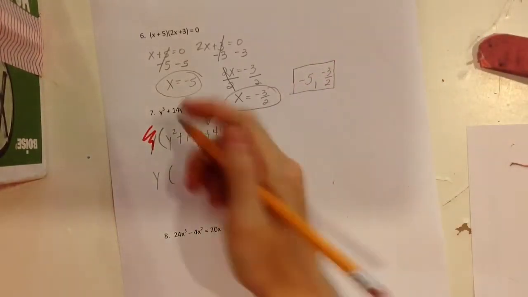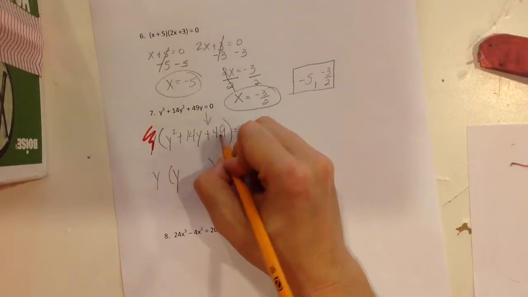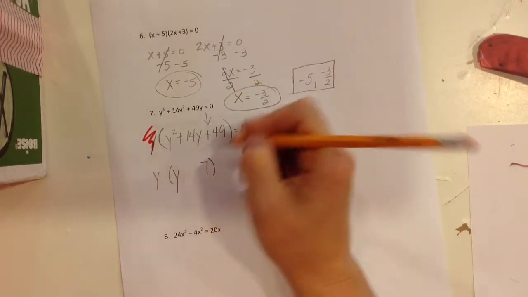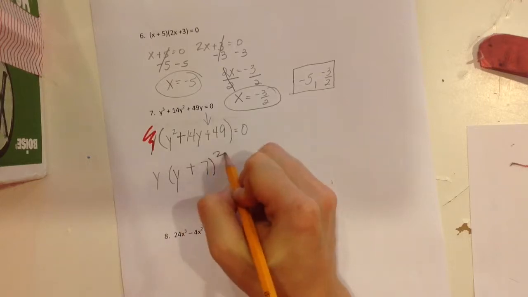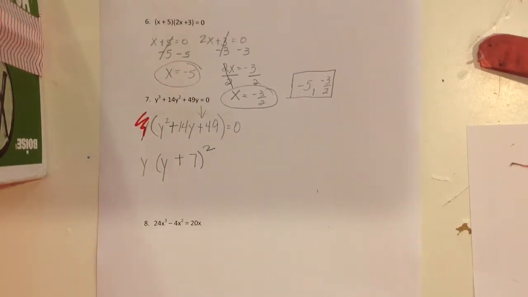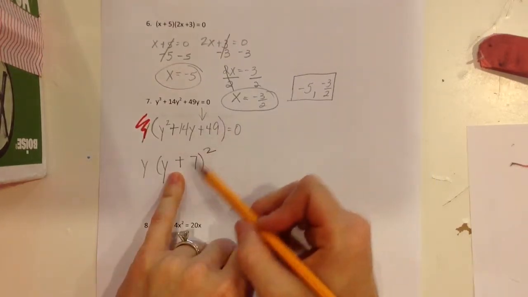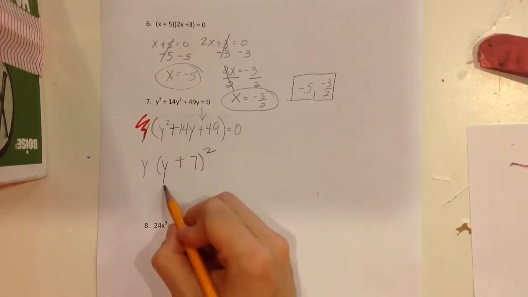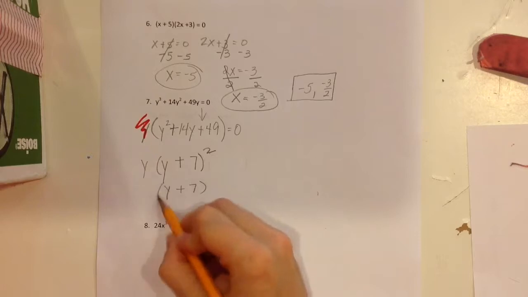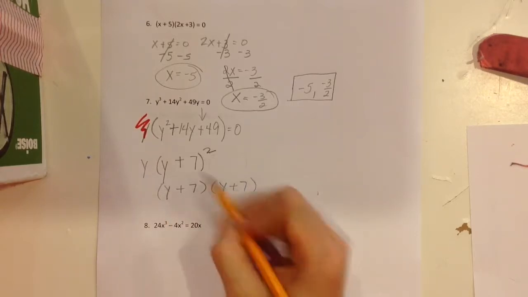The square root of y squared is y. The square root of 49 is 7. The middle term is a plus, so I bring down a plus, and I put it in parentheses squared. Now, what does that mean when I have y plus 7 squared? That's the same thing as y plus 7 times y plus 7, correct?